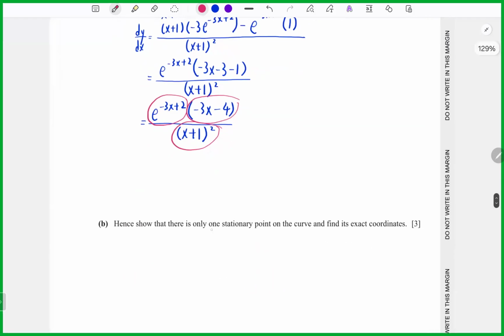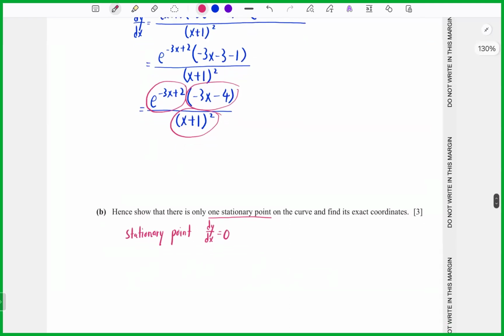One stationary point. What is a stationary point? We know a stationary point is where dy/dx equals 0. So we need to use these three terms, at least one, to find out where the stationary point can happen.